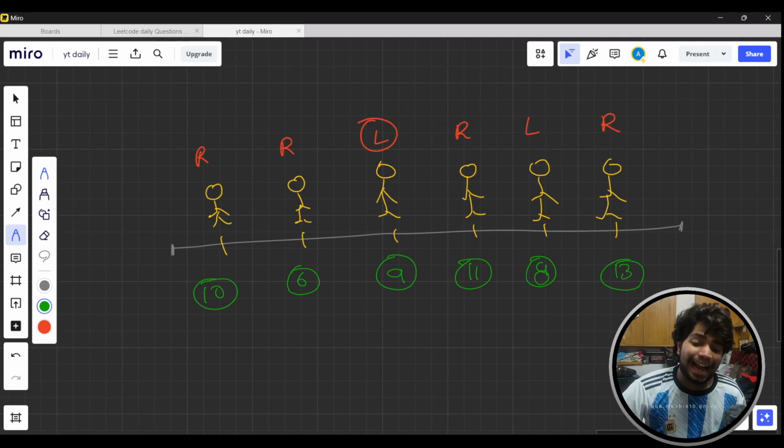Now what I am observing is when there will be no collision.